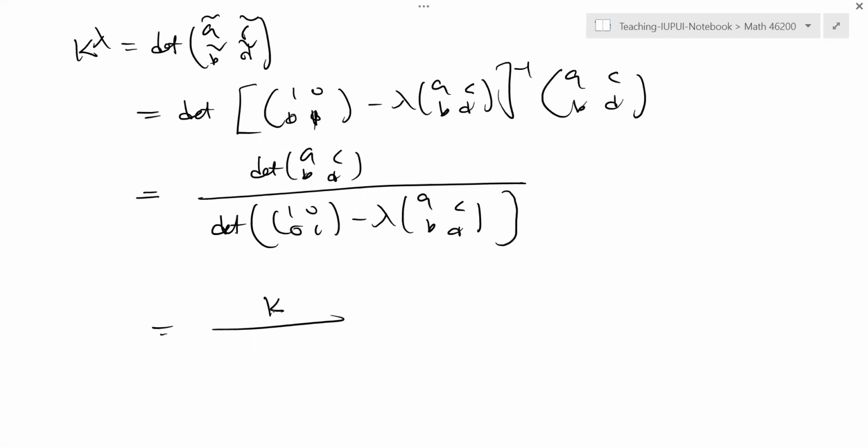Okay. And here actually is going to be 1 minus lambda (A plus D) plus lambda squared (AD minus BC).